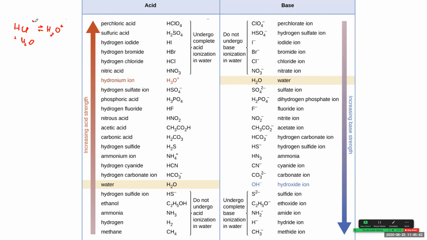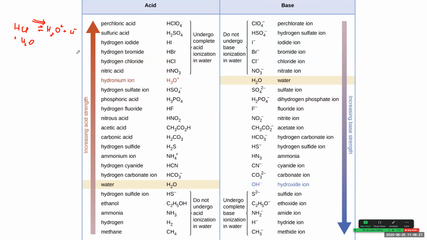And really with HCl, it favors the product side. So what this means is that HCl is a stronger acid than H3O plus because this is what forms. If H3O plus was a stronger acid than HCl, the reaction would go the other way, and we would still have a lot of HCl. So all of these strong acids are stronger than H3O plus.